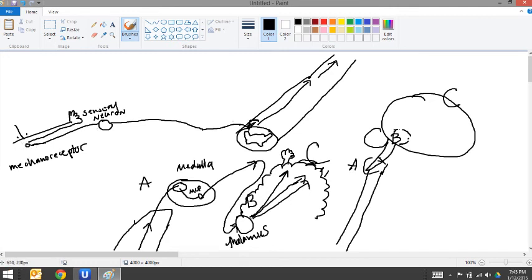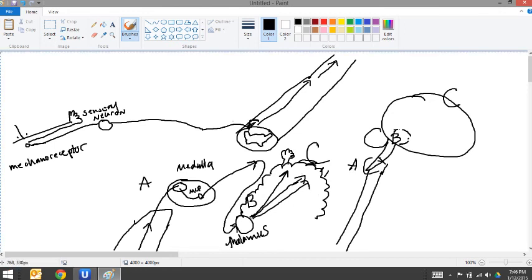It travels all the way to the spinal cord, it goes up the dorsal column, and after it's traveled all the way up, it'll hit the medulla, at which point it crosses the medial lemniscal pathway. Then it will go all the way up to the thalamus, and then the thalamus will send that information to the rest of the brain.